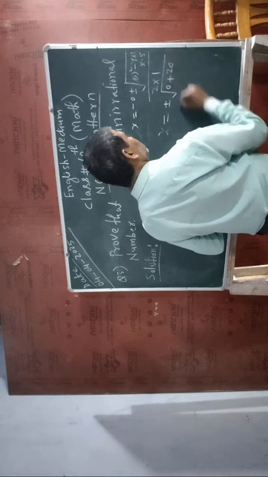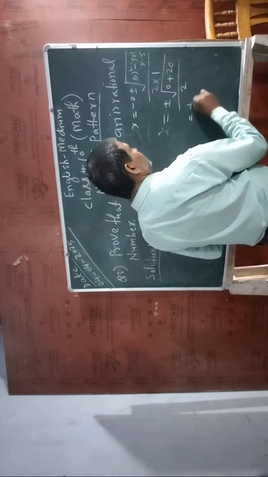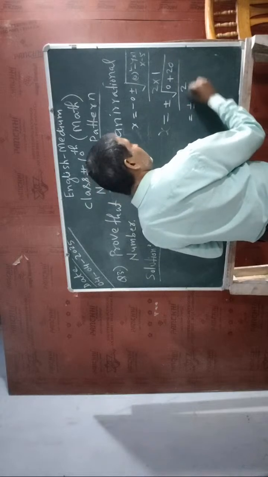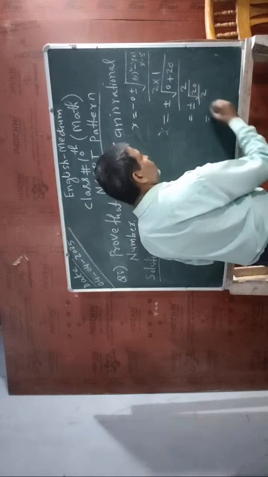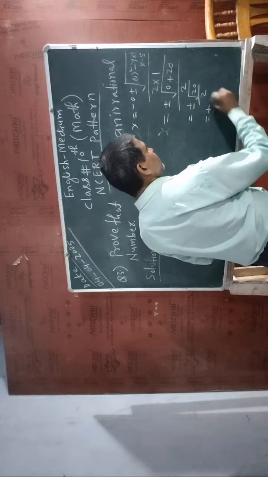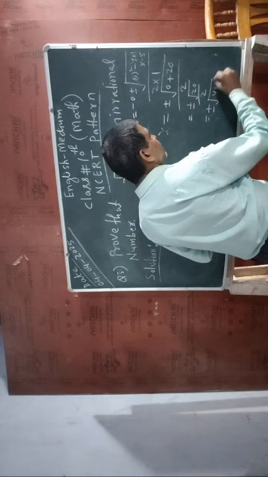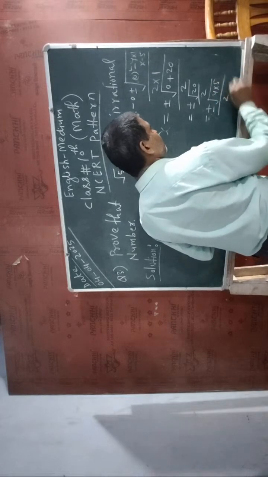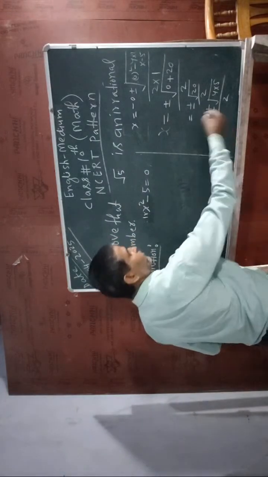So here I will write root 20 divided by 2 into 1, that is 2. So here 20 means plus minus, and I can write 4 into 5 divided by 2. So students, you are knowing how I am going to solve it.